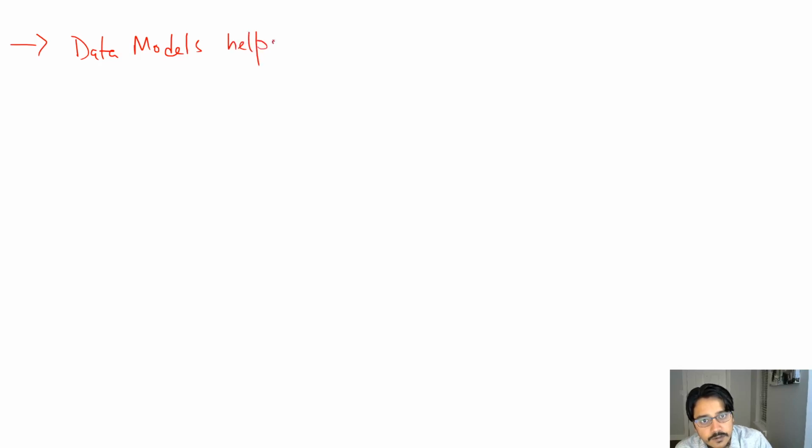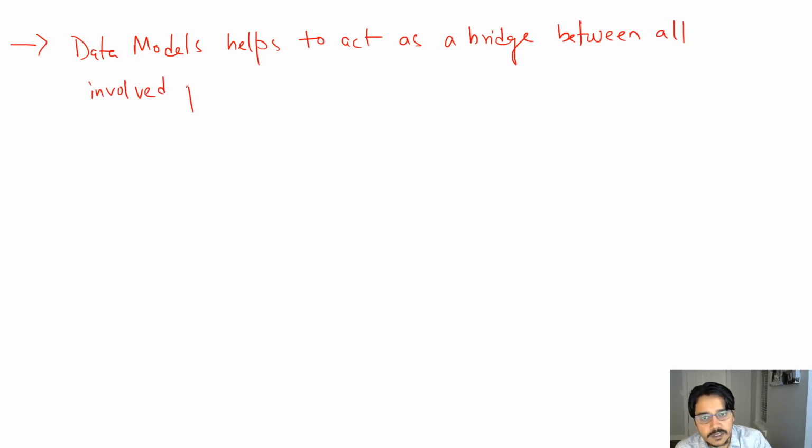So remark number 3 is basically that data models help to act as a bridge between all involved parties. Okay, and all involved parties, we can have different entities, right?